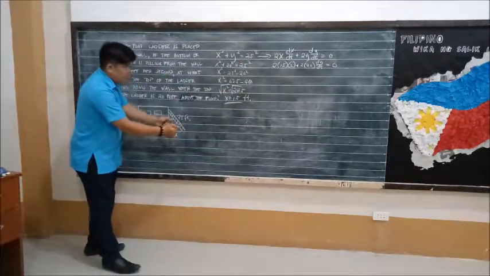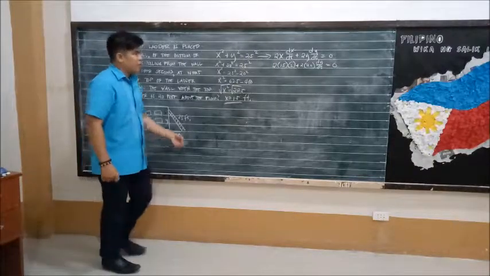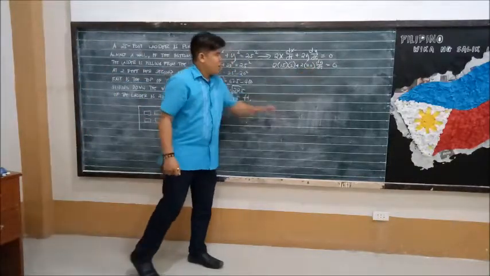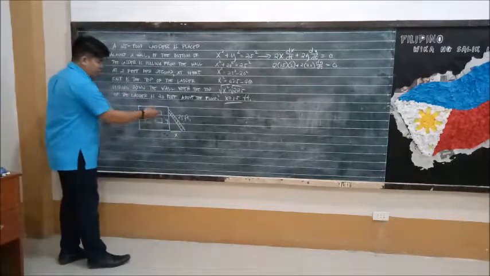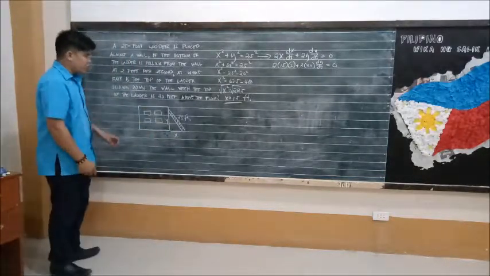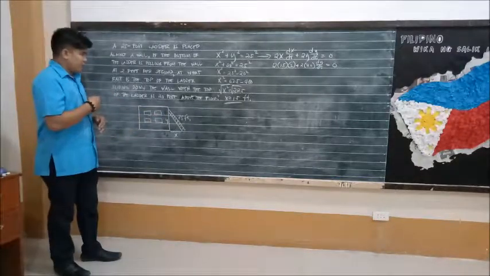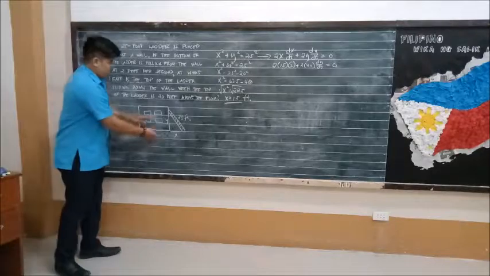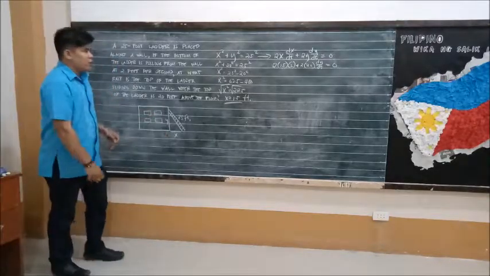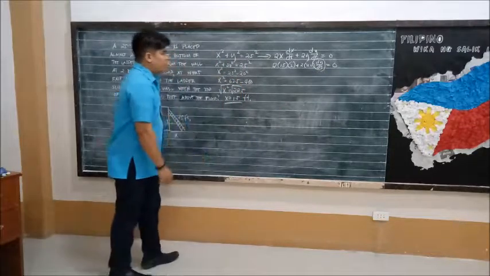Unlike the pulling of the ladder from the wall, which is 2 feet per second, the rate of the top of the ladder sliding down we don't know, because they are not constantly related. They are different rates. So we still remain with dy over dt.